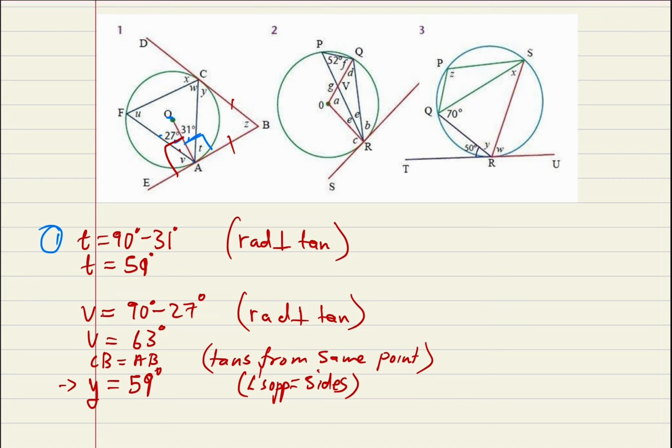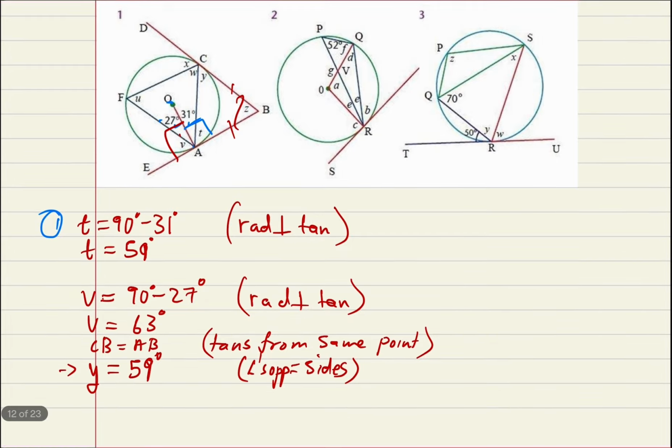Okay, so I have these two angles. I can find Z. How can I find Z? Sum of angles of a triangle. So Z is equal to 180 degrees. Remember, now we are dealing with an isosceles triangle.